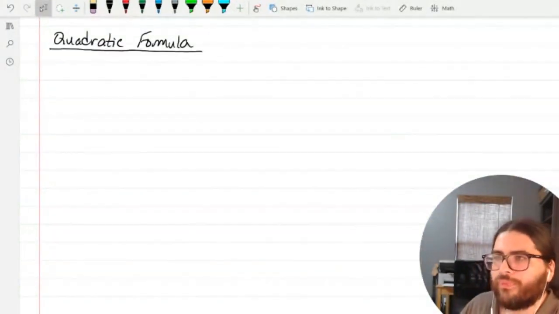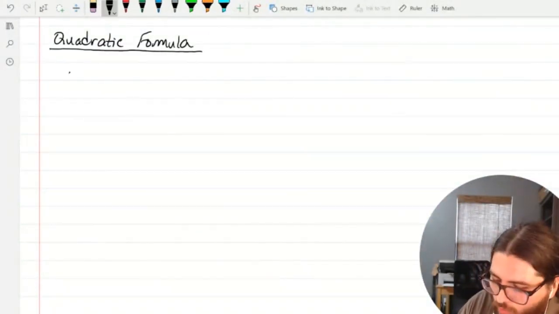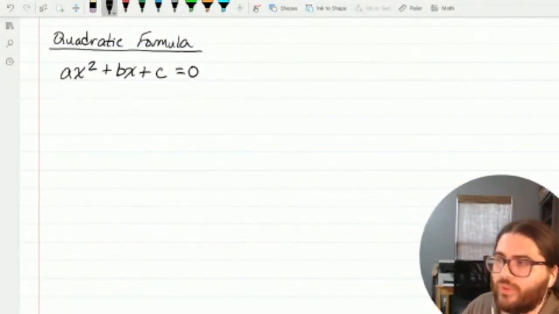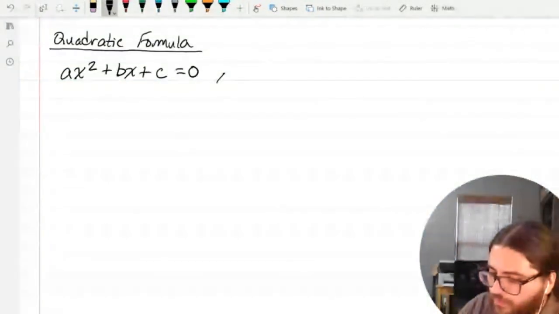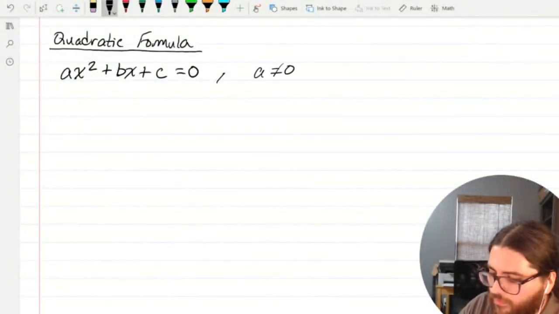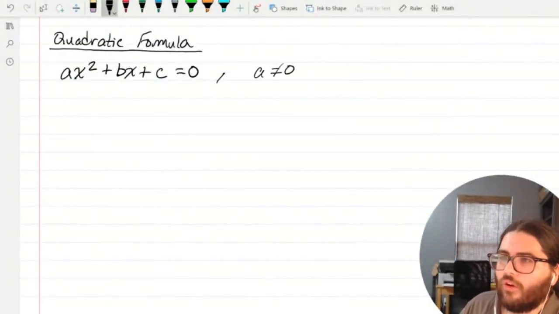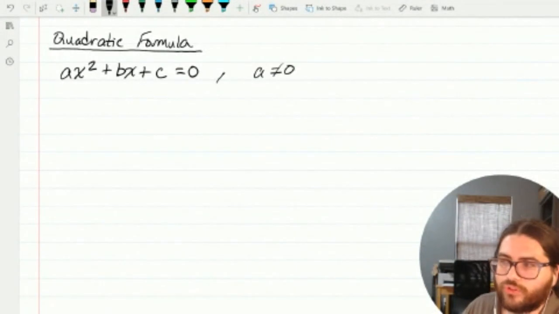But long story short is that any quadratic, which looks like this, ax squared plus bx plus c equals 0 as an equation, as long as a does not equal 0, then I can guarantee that this equation has 2 solutions, perhaps the same number, but 2 solutions.